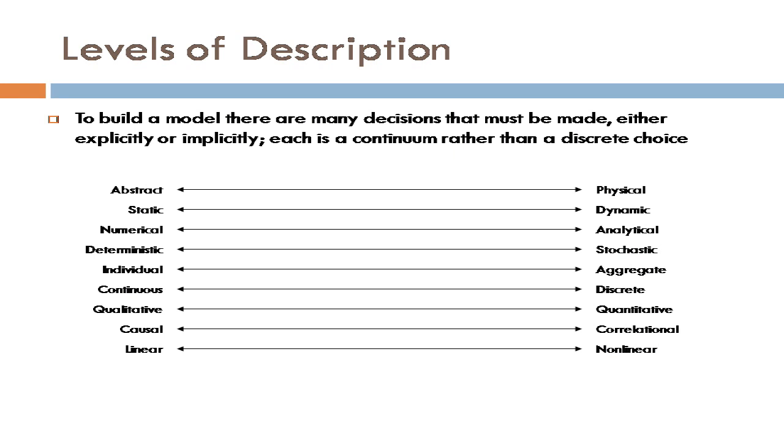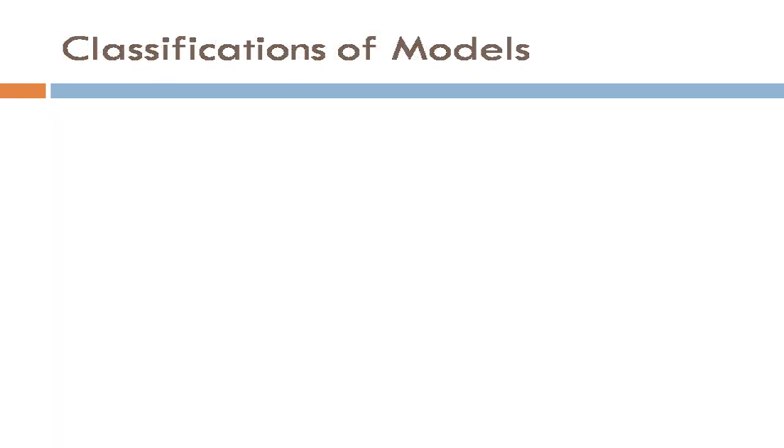You can have a static model or a dynamic model, numerical to analytical, deterministic to stochastic, individual to aggregate, continuous to discrete, qualitative to quantitative, causal to correlational, and linear to nonlinear. Here's just some of the things that you might need to think of as you start building your model. So these are actually classifications of different model types.